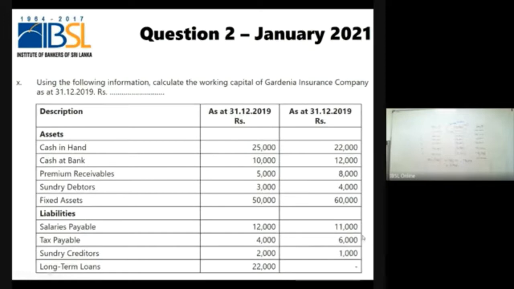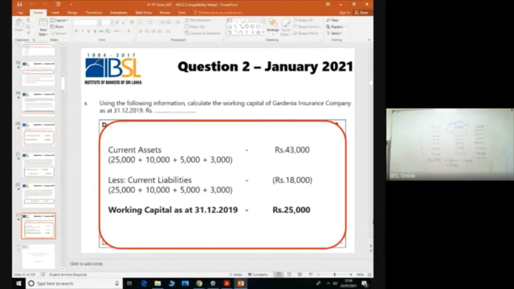Using the following information, calculate the working capital of Gardenia Insurance Company as at 31st December 2019. Sorry, there is a mistake which I have done.